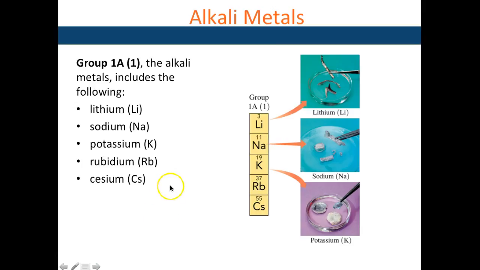All right, so group 1A are the alkali metals: lithium, sodium, potassium, rubidium, cesium. One of the characteristics is that they're kind of soft, so you can actually cut them with a knife, even though they're metals. They're shiny, of course. They can also be characterized with a flame test.